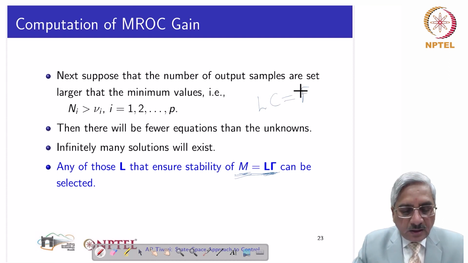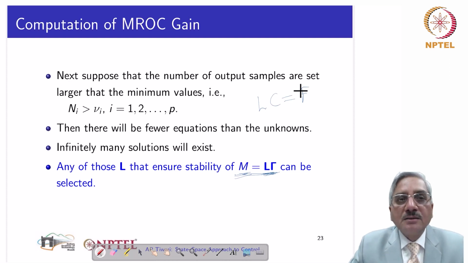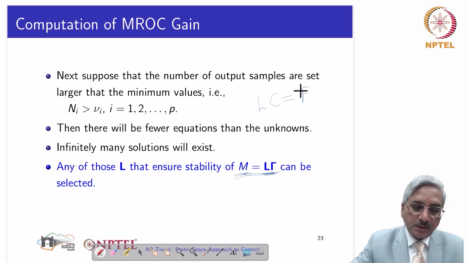So if the number of output samples is larger than the number required for ensuring N1 equal to nu 1, N2 equal to nu 2, etc., we have freedom for selection of some of the gains L, and so it is plausible that M may be obtained having stability. It's a better situation.